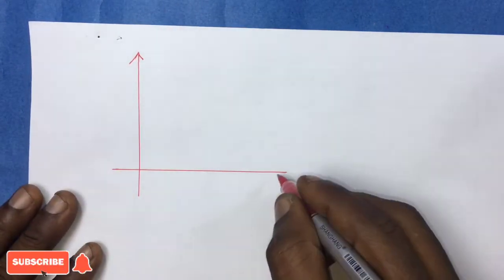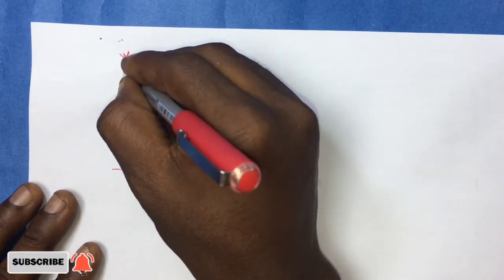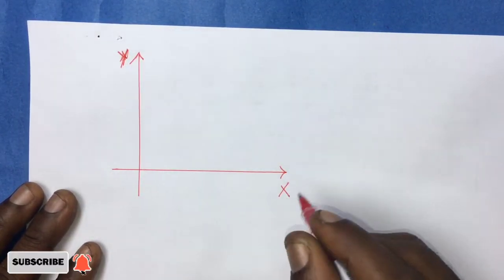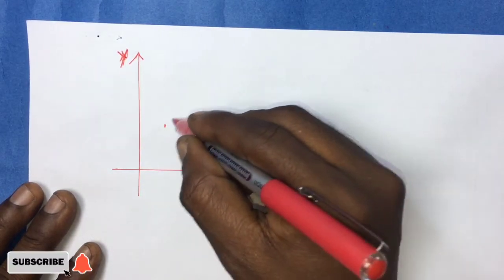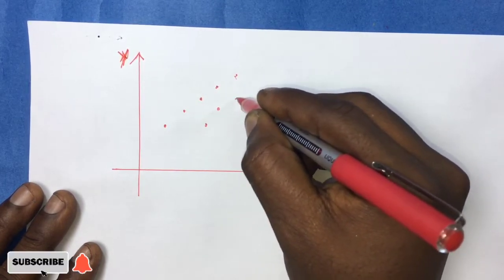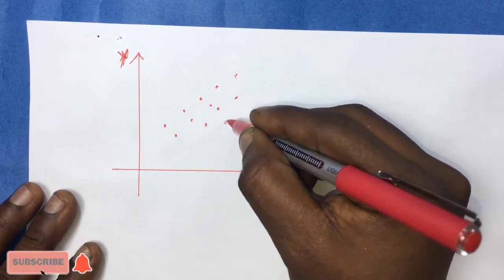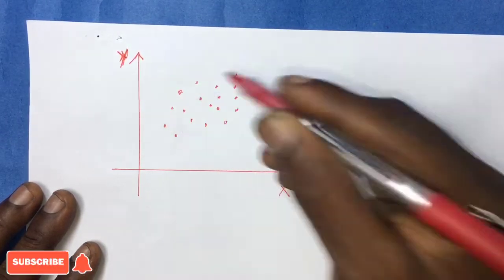If it happens that there is a relationship between the variables x and y such that an increase in x causes an increase in y, then you would have a scatter diagram that looks like this. Now notice the general direction of the points.